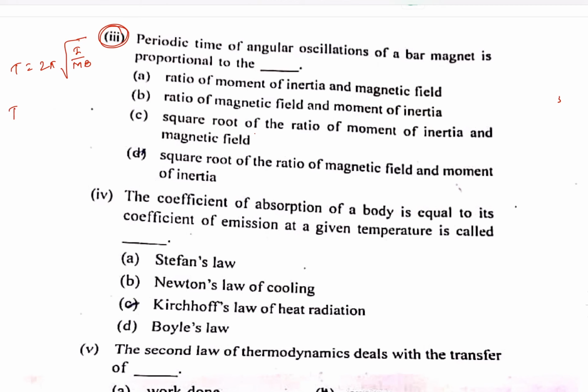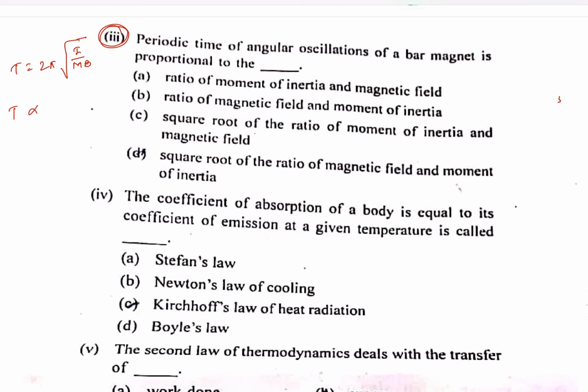So here we can write T proportional to... see option 1, ratio of moment of inertia and magnetic field. Yes, but it is inside the square root. So the square root word must be there in option A. It is not there. So let me go for option B. Ratio of magnetic field and moment of inertia is not the right option. The ratio of moment of inertia to magnetic field is the correct one, but inside the root.